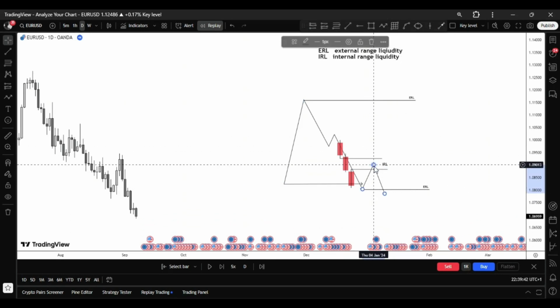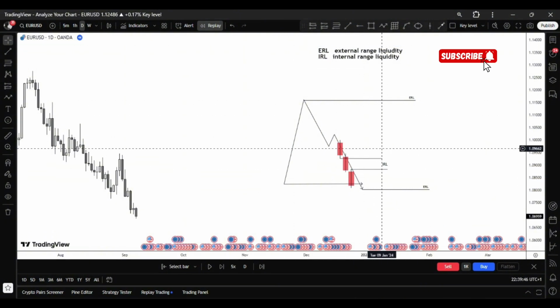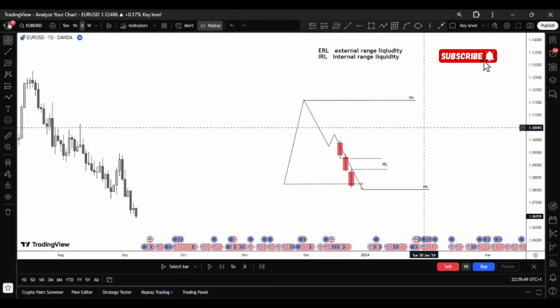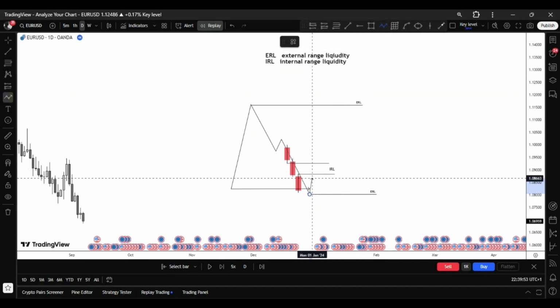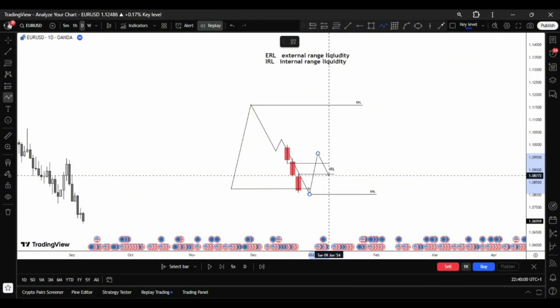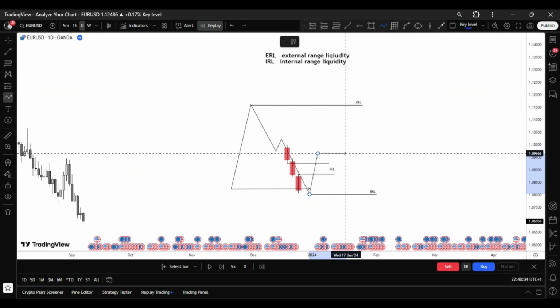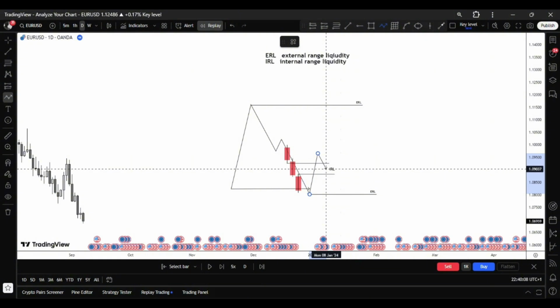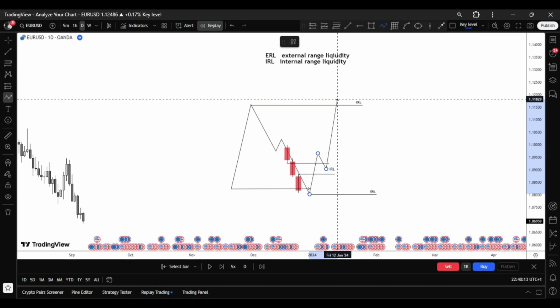In a case where our IRL does not hold, using this diagram as an example, in a case where our IRL doesn't hold and it inverts this fair value gap, now we use this fair value gap as support to target our next ERL. We all know that we could take a trade from our inverse fair value gap to take this higher, which is our external range liquidity.